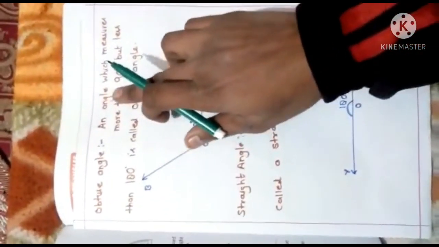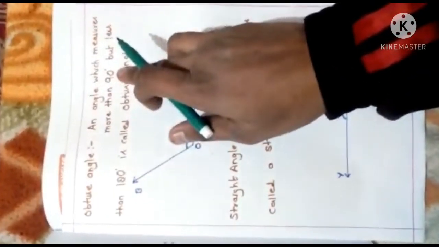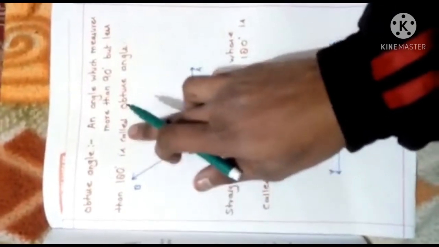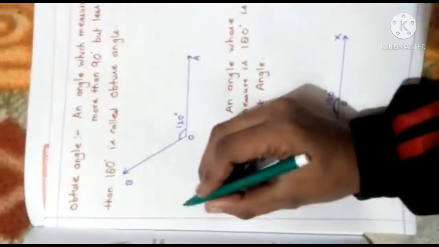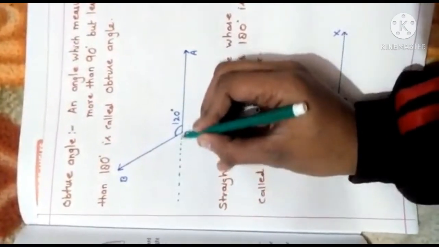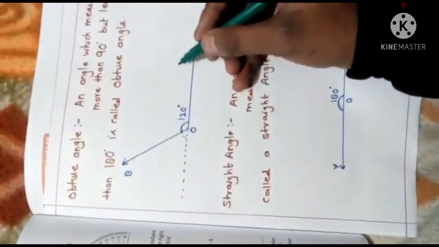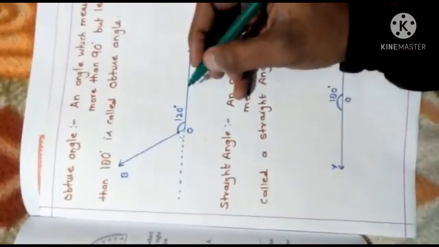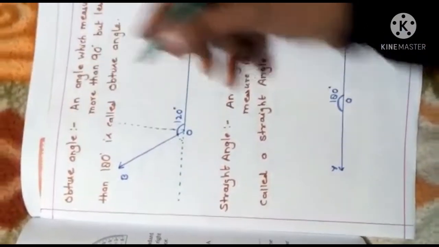Obtuse angle: an angle whose measure is more than 90 degrees but less than 180 is called an obtuse angle. Here, if we know that 180 is here, then any angle more than 90 and less than 180, we can say it is an obtuse angle.